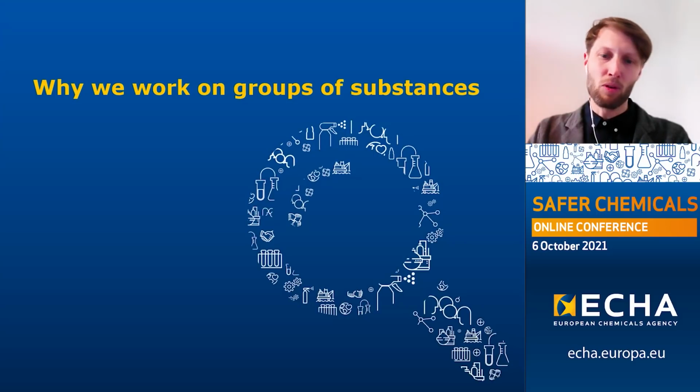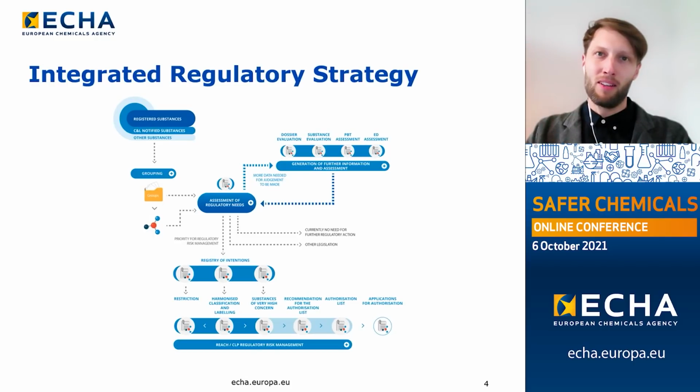So why do we work on groups of substances? This is a rather complex picture, but I'm showing this because it shows very nicely how we have set up the machinery of the REACH and CLP processes in ECHA. And it also will show you the very central role that our work on groups plays in these processes.